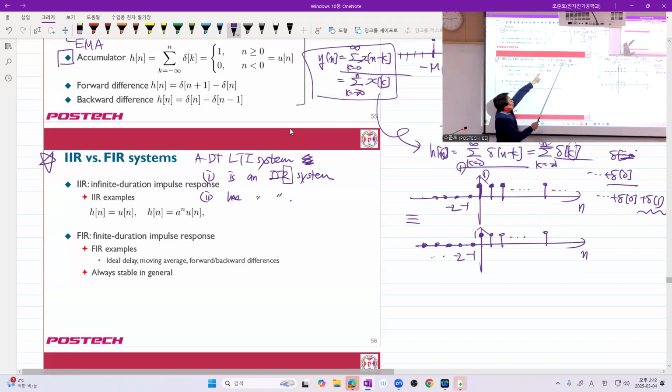A DT LTI system has an infinite impulse response. But be careful. Here IR means impulse response. This infinite does not mean your function value is infinite.